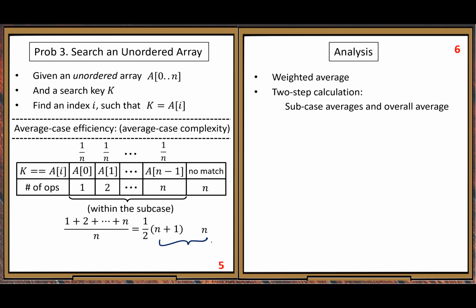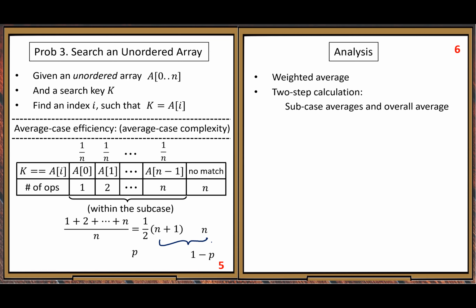So we use P to represent their weights. For the first subcase, we know the probability is P. That means the weight for the first subcase is P. Similarly, the weight for the second subcase is 1 minus P.